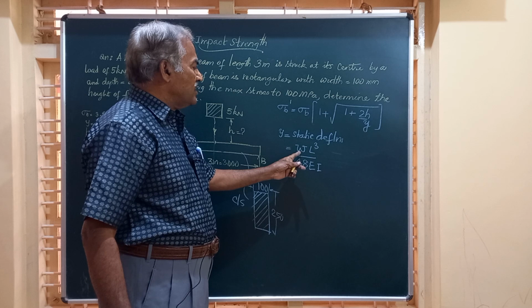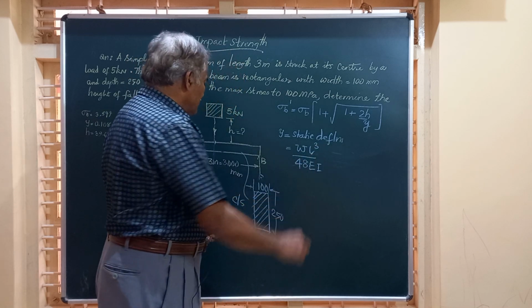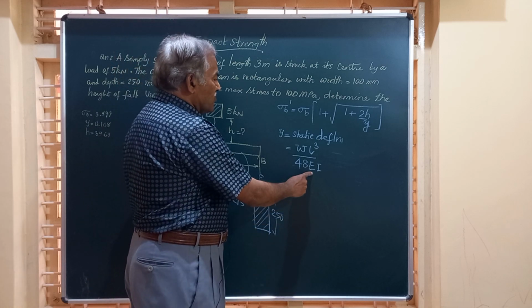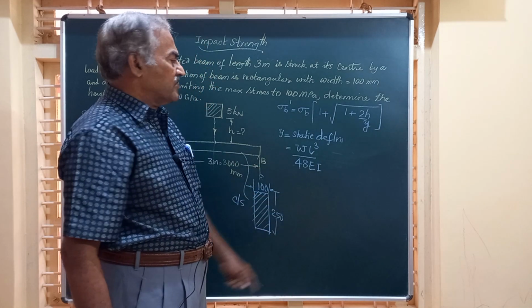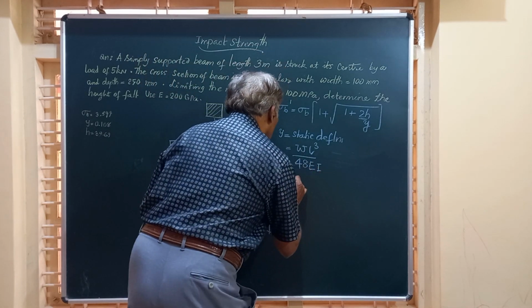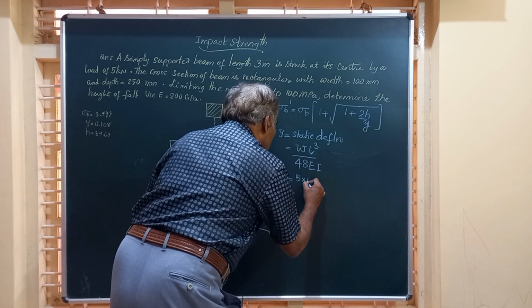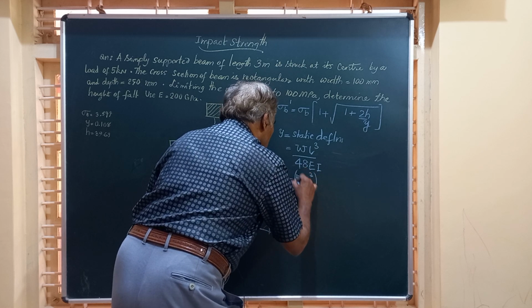Y is the static deflection. We know the load, we know the length of the beam, which is given as 3 meters. E is known to us. I we have already calculated. Friends, we will be able to get this value, so I'll make a substitution. W is 5 into 10 to the power of 3 newtons, that's the load.